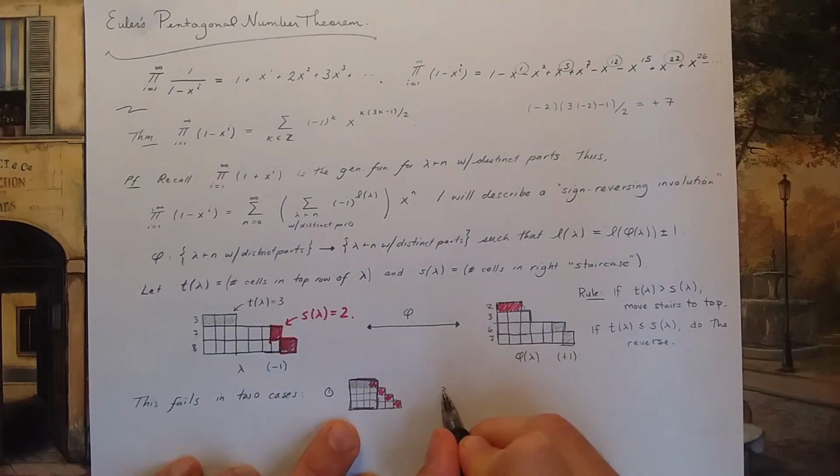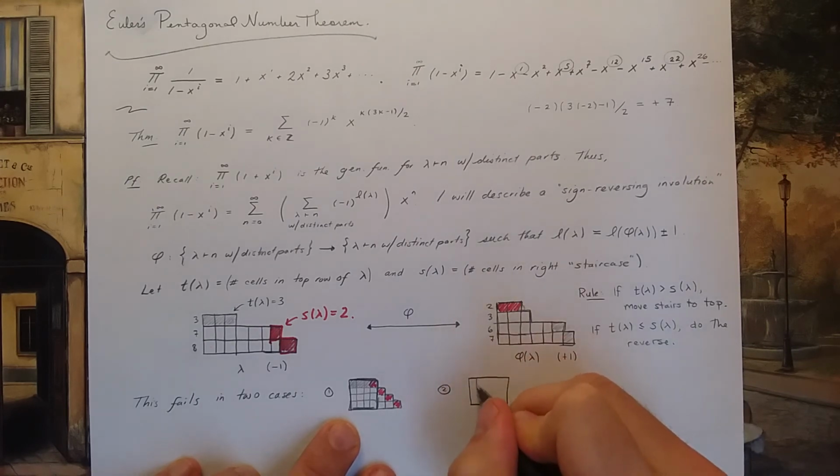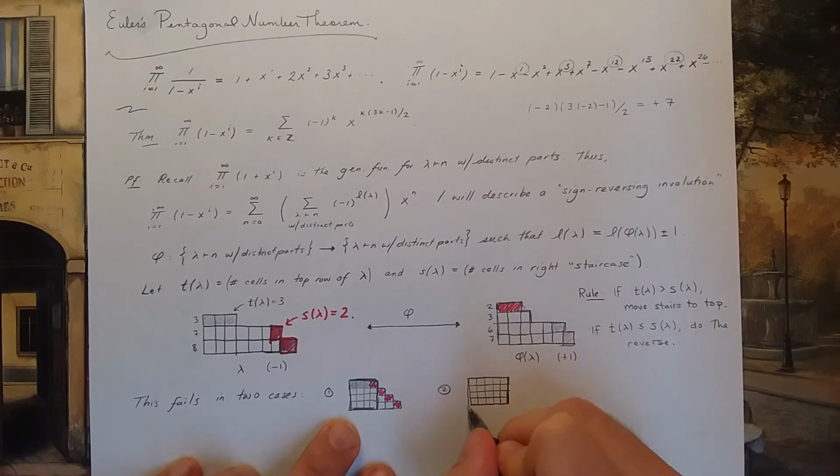And the other case where you have a failure is when you have a rectangle where the width is 1 cell longer than the height. So it's just like my square picture, except I added 1 more column, and then you have this staircase thing. That also fails for similar reasons.